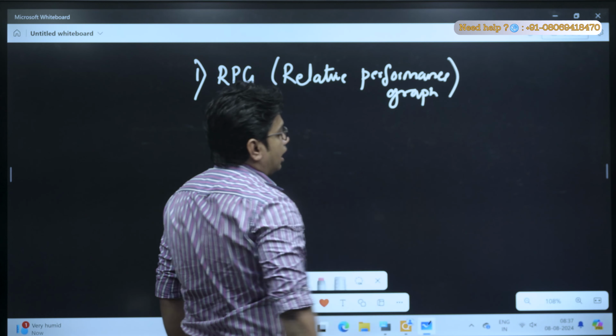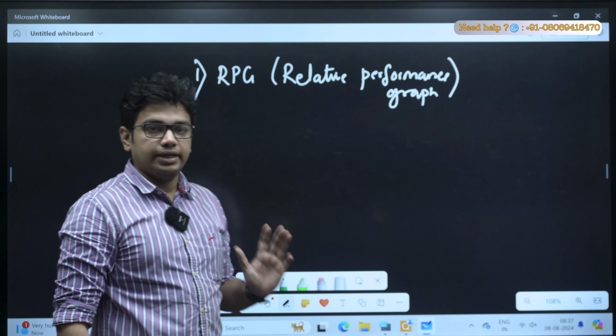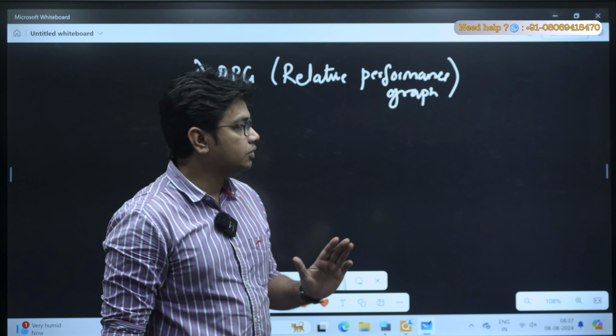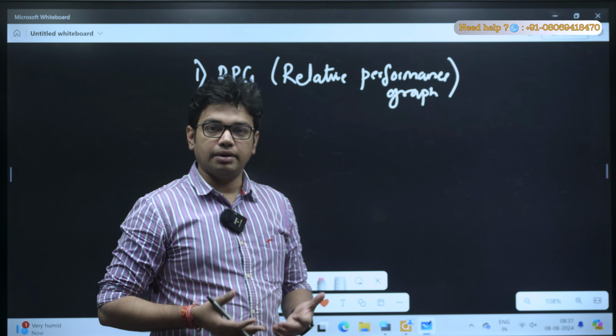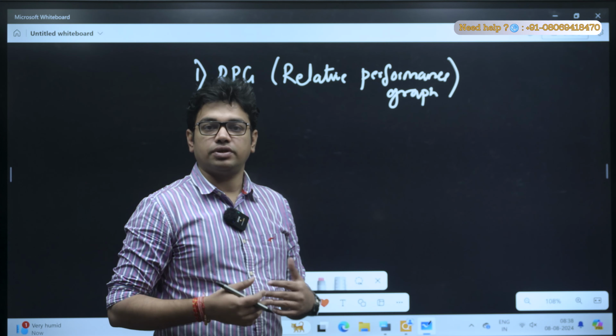I will explain this tool in detail. It will help you to understand in a better way, and it will optimize your trading strategy.